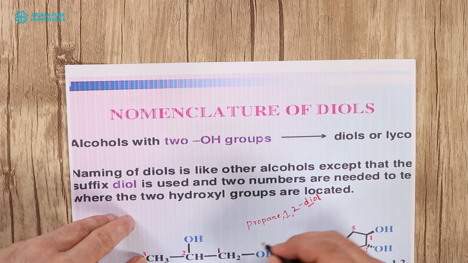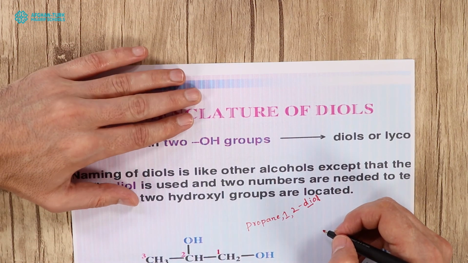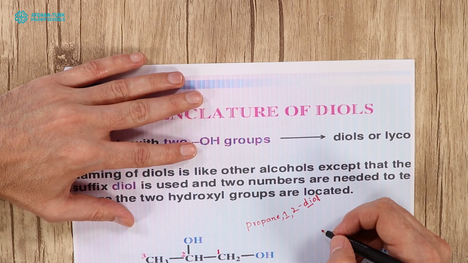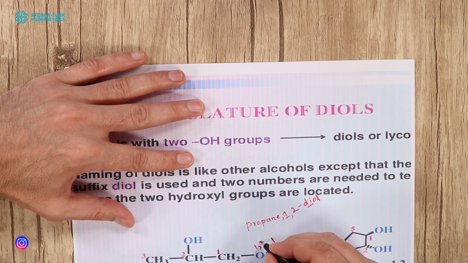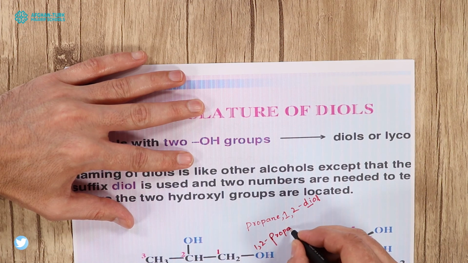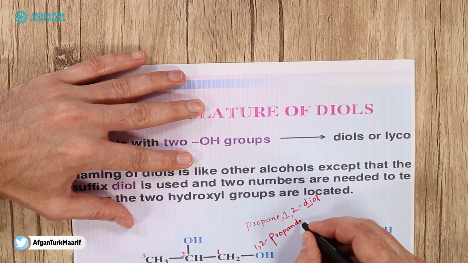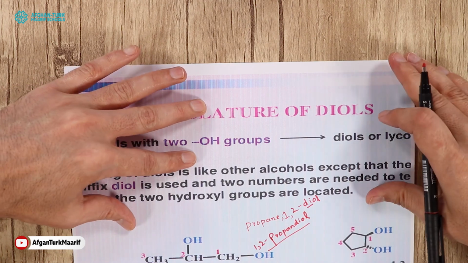Ol means OH group there. So 2 OH groups are there. So propane-1,2-diol, or you can also directly write down their names like this.